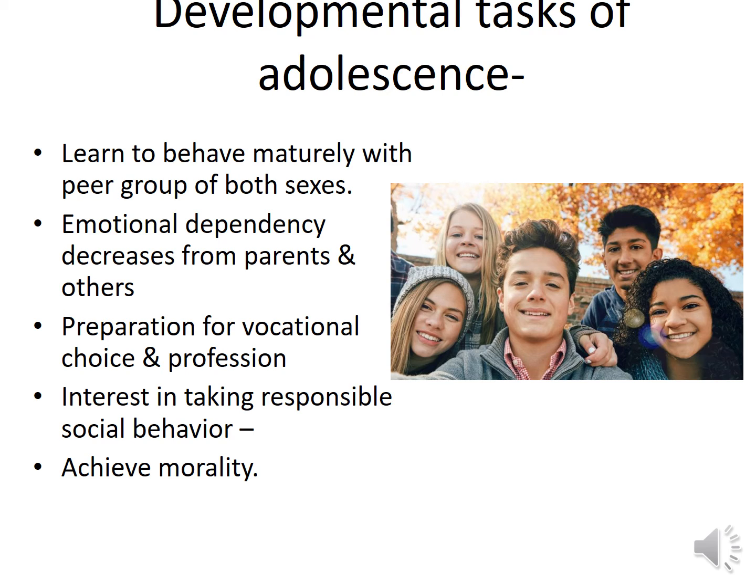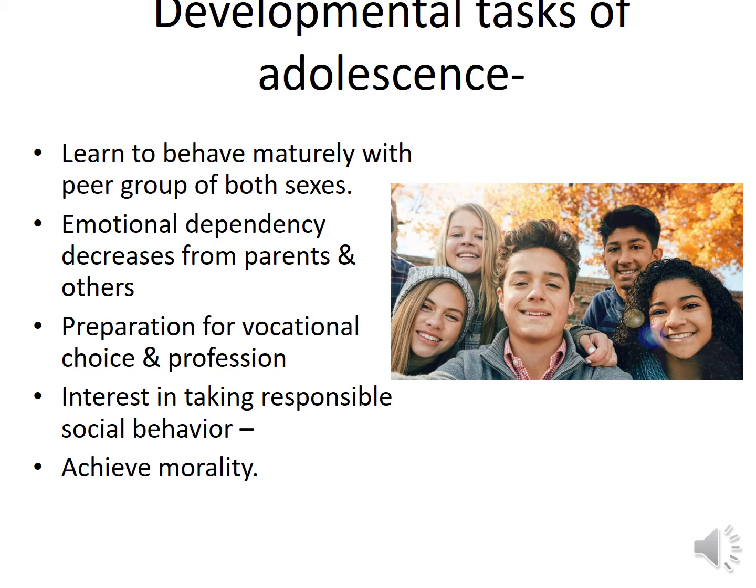Adolescence is a very important time in a person's life, and the developmental tasks of adolescence are also very important. In this time, they learn to behave maturely with their peer groups, whether female or male. Their emotional dependency on parents decreases, and they start their journey with their own self.